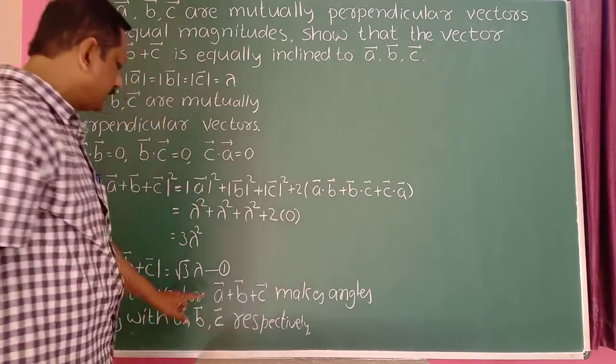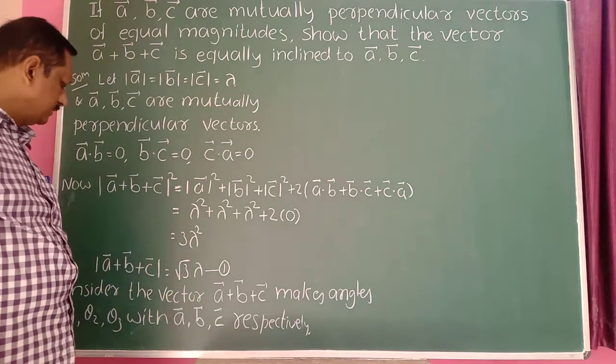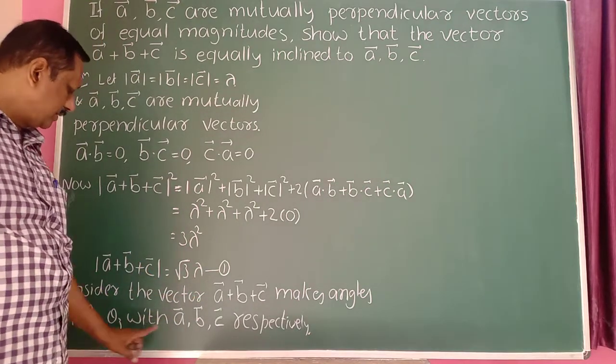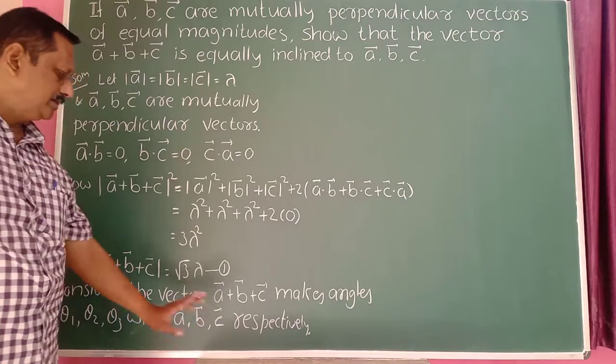We consider this vector makes angle theta 1 with A bar, theta 2 with B bar, theta 3 with C bar.